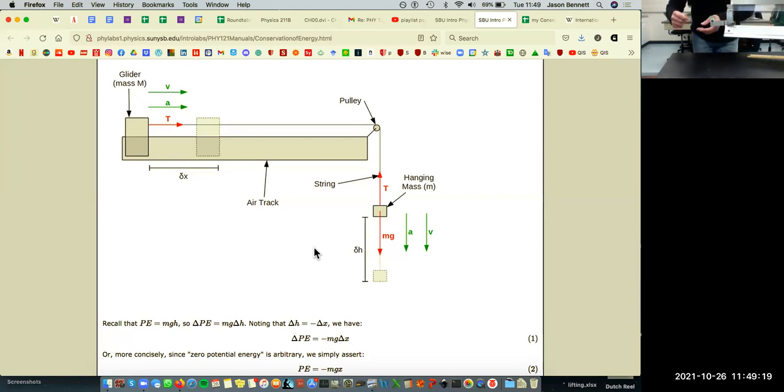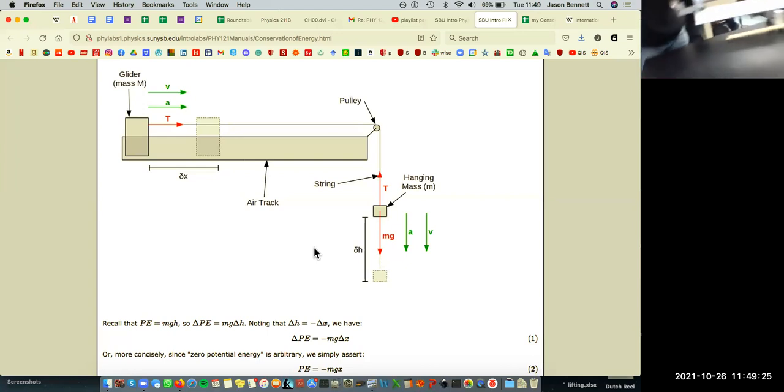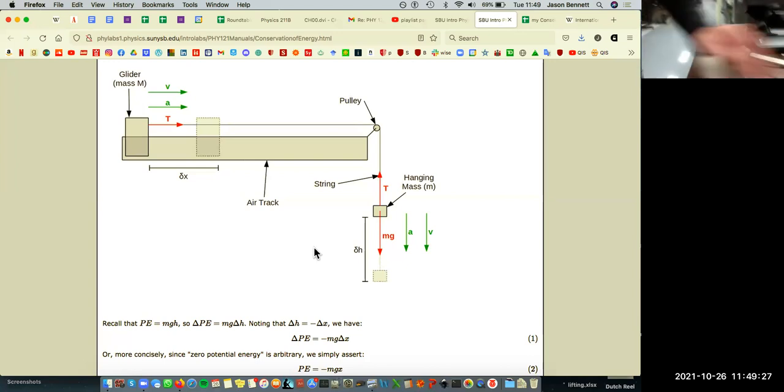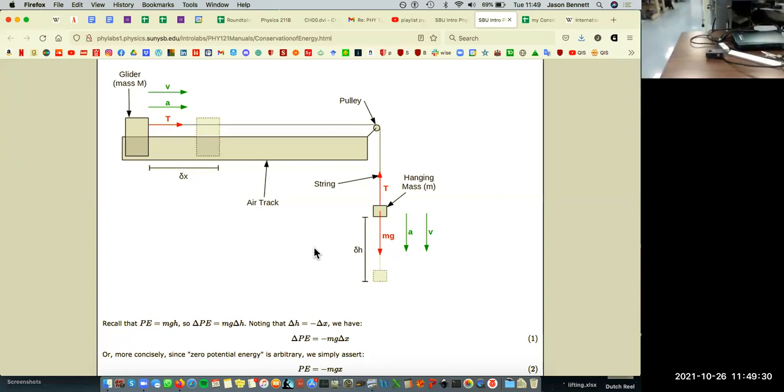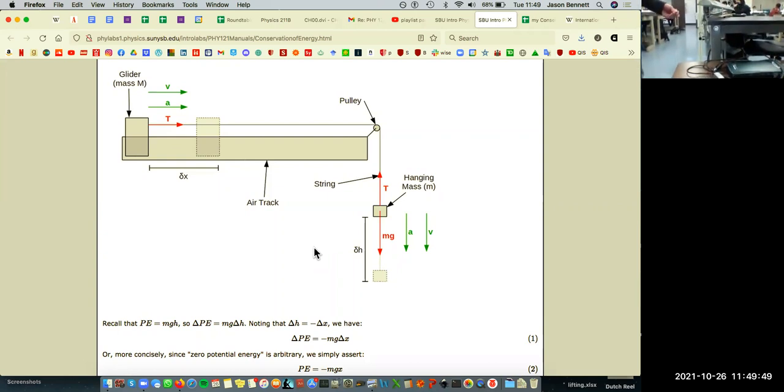Hang this over the track, and I hang my mass from it, which you still can't really see. Let's just say my string was much, much shorter, and this all the way down here was my string. I am going to define wherever this mass is hanging, when the cart gets all the way down to the end like that, as my sea level or origin.